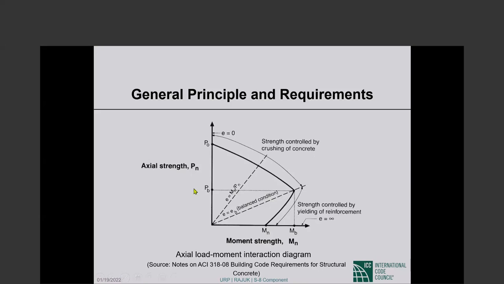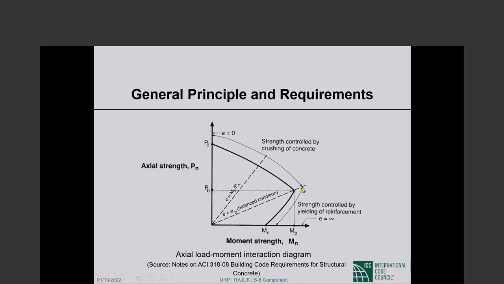The eccentricities are denoted by those inclined lines. At any point, the eccentricity is the bending moment divided by axial load. The balanced eccentricity is the balanced bending moment divided by the balanced axial load. Okay? M sub b divided by P sub b. I don't know that figure tells you much more.